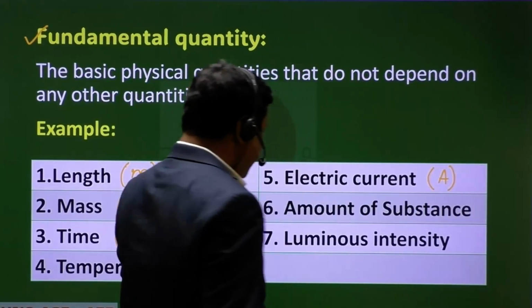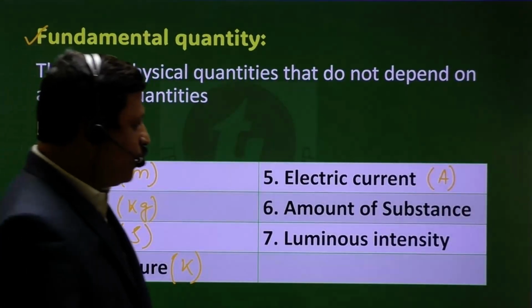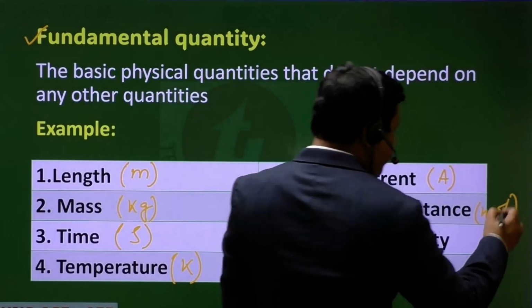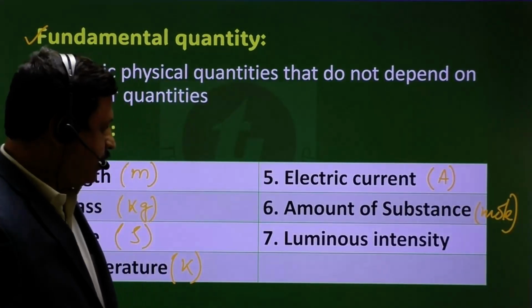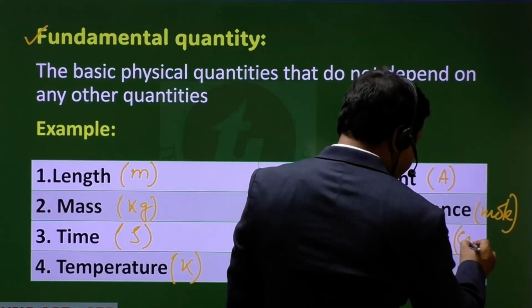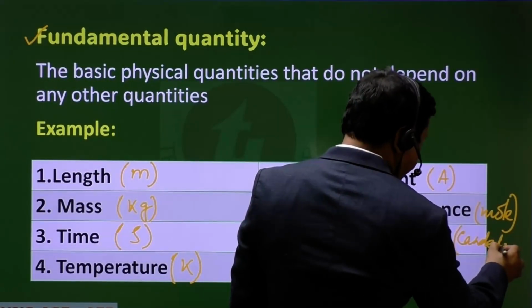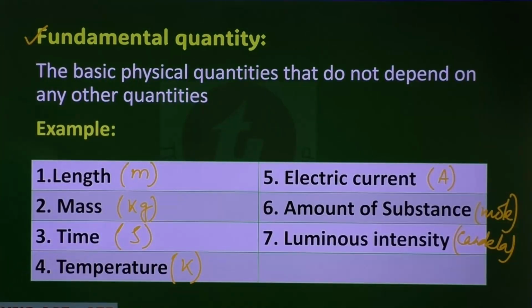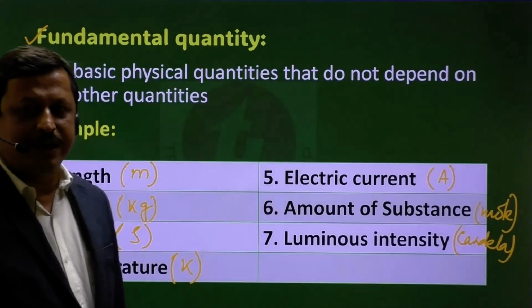Amount of substance, that is mole. That is also independent of any other quantity. And luminous intensity, that is candela. Basically it is not in our syllabus. So these 7 quantities are basically fundamental quantities.